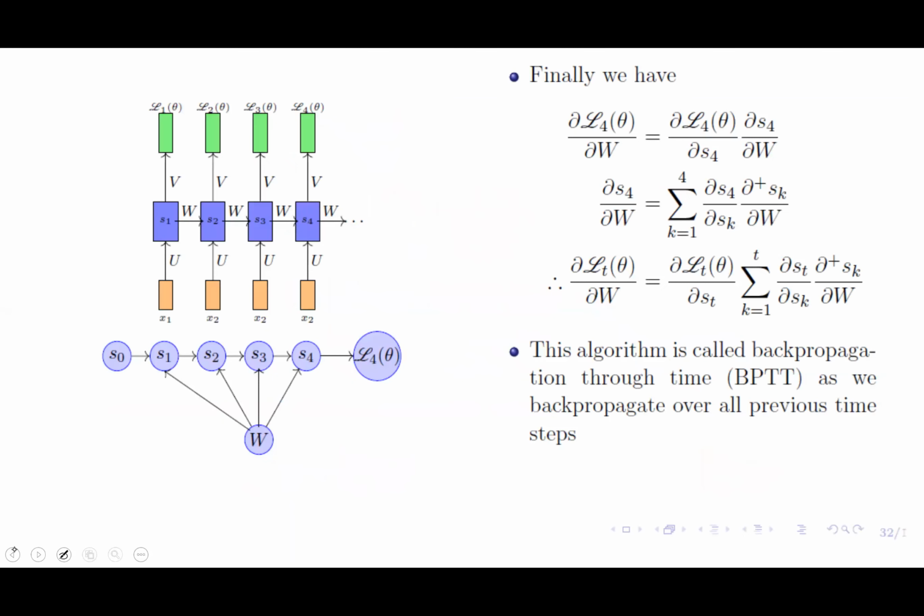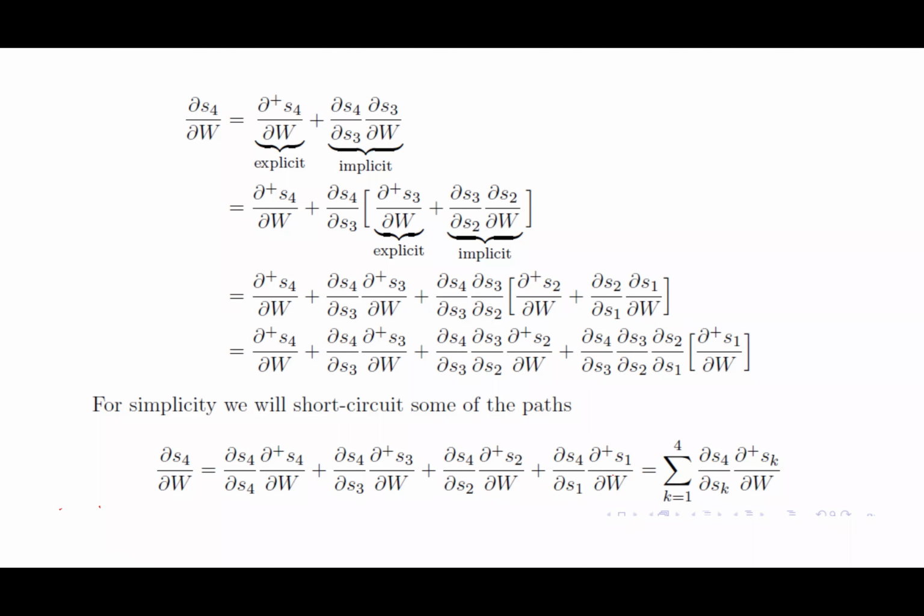You can see here, if you start from H0, there will be 4 W's here, 4 states. All of them will get involved here. Each time you are finding the explicit derivative with respect to the corresponding state to the W, and ∂S4/∂S1, the derivative of the current state with respect to the previous state. ∂S4/∂S1, for example, has all these things: ∂S4/∂S3, ∂S3/∂S2, ∂S2/∂S1.